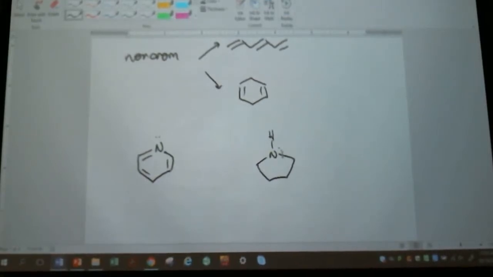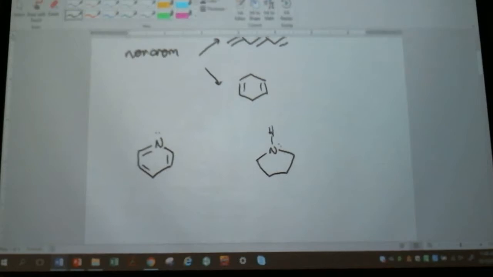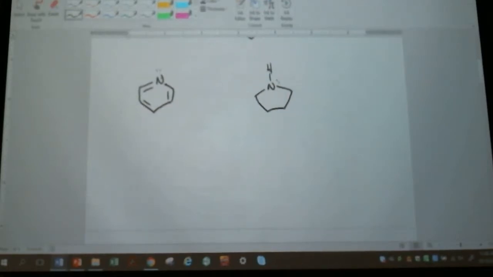But when you look at this, if each of these atoms is going to be sp2, which you need to have a flat molecule, and typically we're going to make the assumption, I'm going to ask you questions like, assuming planarity, are these aromatic or not aromatic? You have all of these being sp2, all of these having a perpendicular p orbital.